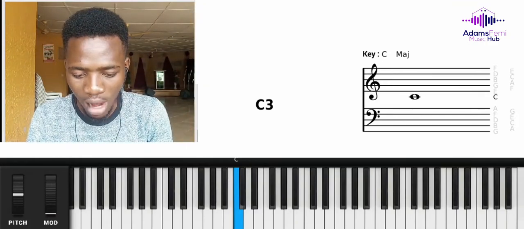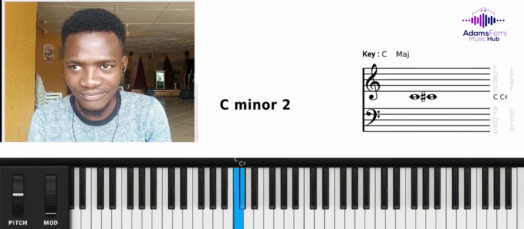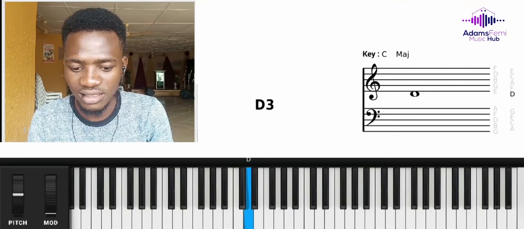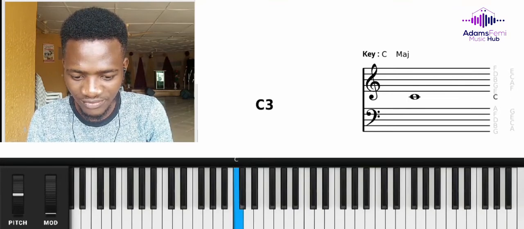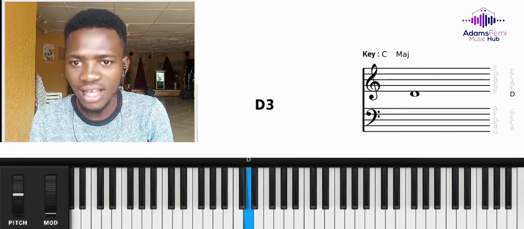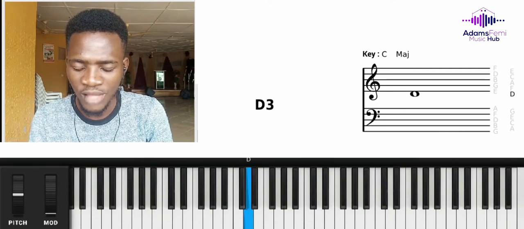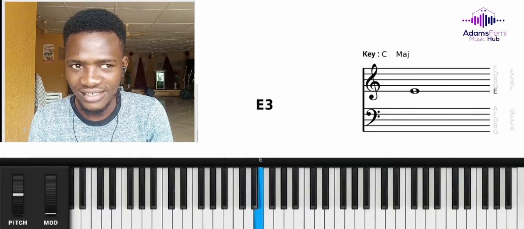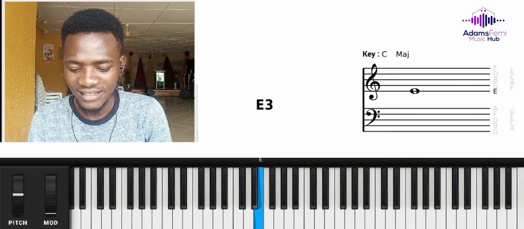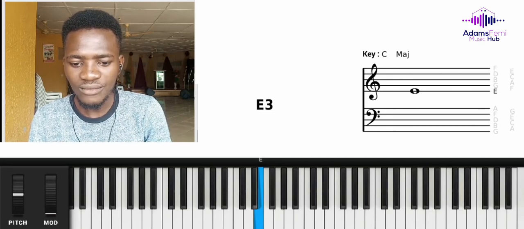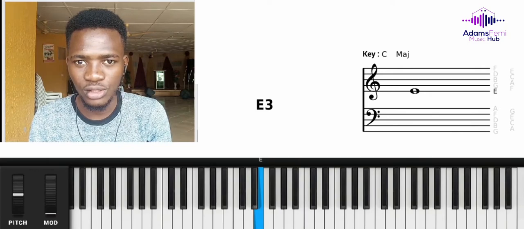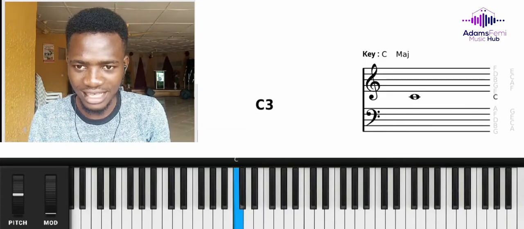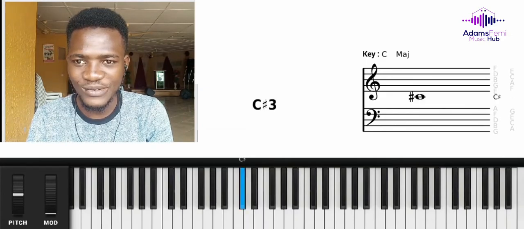Whole step movement: I'm moving over this note. Starting from C3, I'm moving over this place, so that's a whole step. If we do the same thing, we're moving over here to E. That's a whole step movement: a movement from one note to another note with a single note in between.